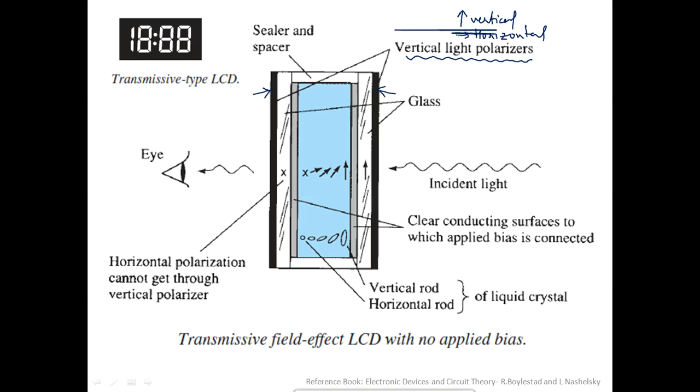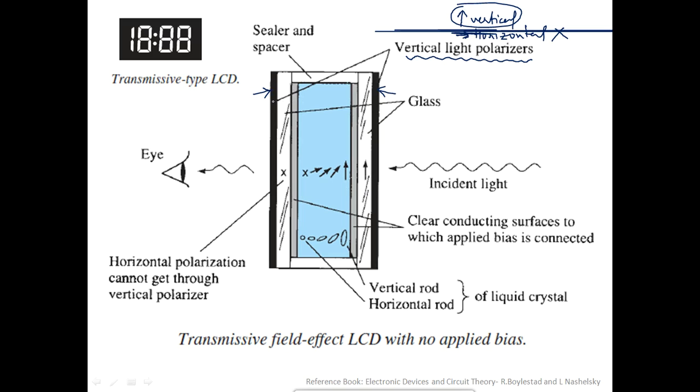Using some methodology, if we are able to extract only the vertical component and reject the horizontal component, we call it a vertical light polarizer. Such a layer is applied to this structure at the left hand side and the right hand side. This black colored layer indicates the vertical light polarizer.